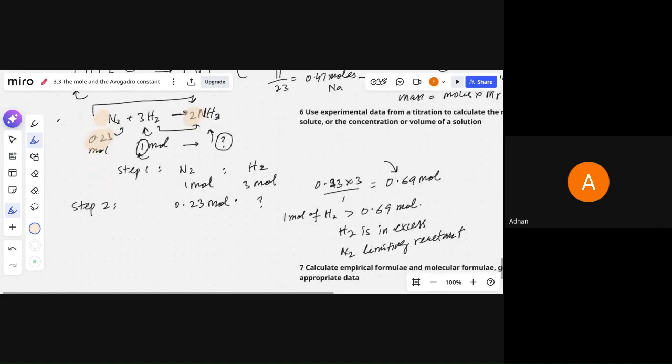What do I mean by that? 1 minus 0.69, so 0.31 moles of hydrogen will be left unreacted. So 1 mole will not react completely, and this is why the amount of ammonia that we would calculate using 1 mole will be incorrect.